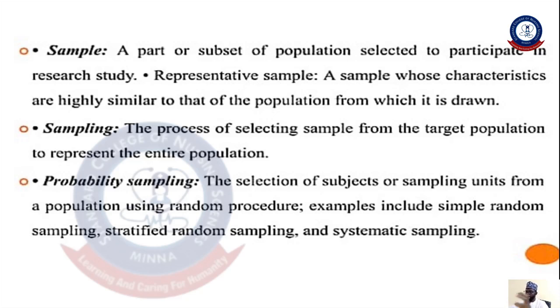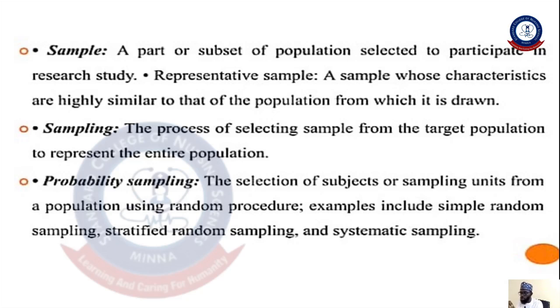We say generally students are your target population. Then the sample of this population is a subset of this student. Meaning, once you said students of the final year set or students of so and so class, this is your sample.